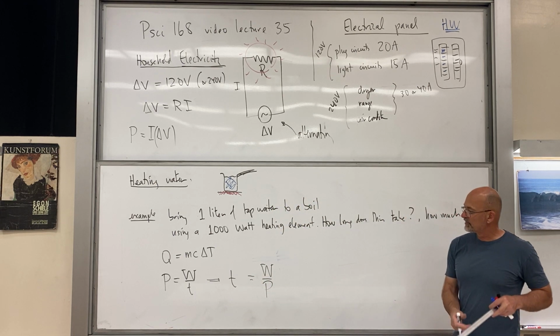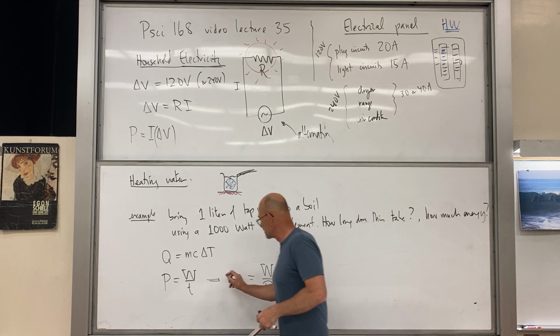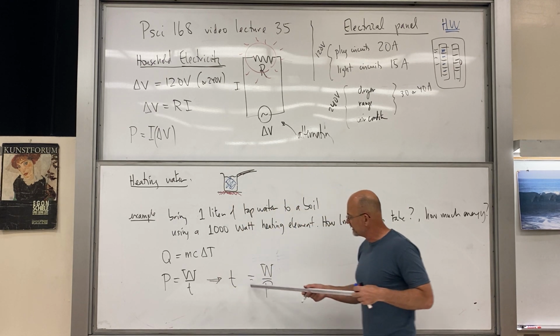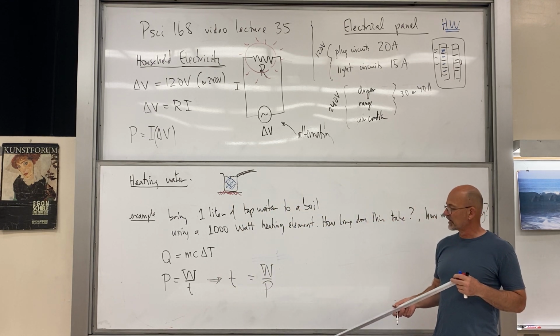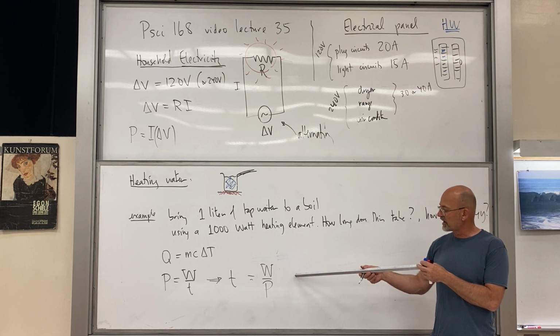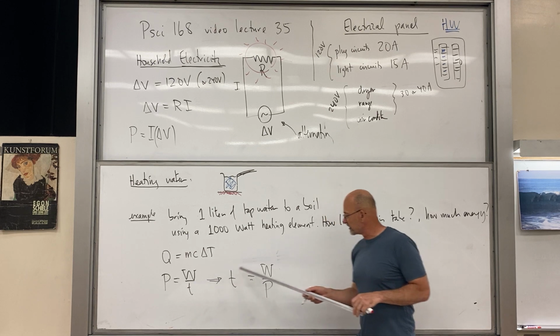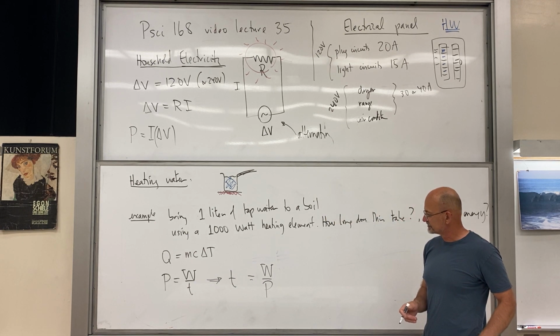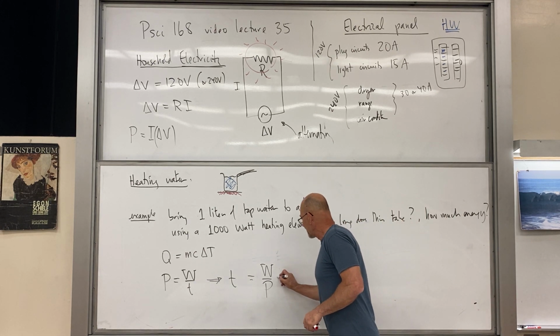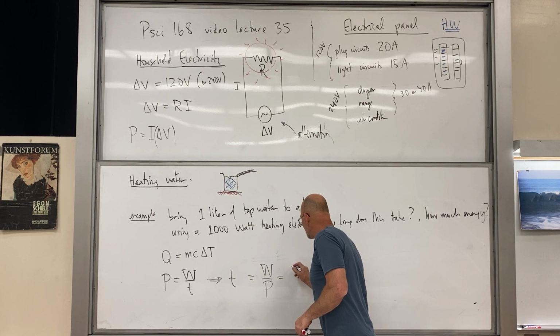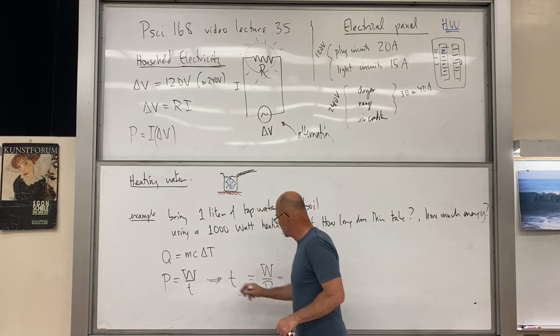By now hopefully you feel good about these kinds of algebraic maneuvers. If not, just take your time, figure it out. So from power is energy over time, time equals energy over power. And this energy is our Q.